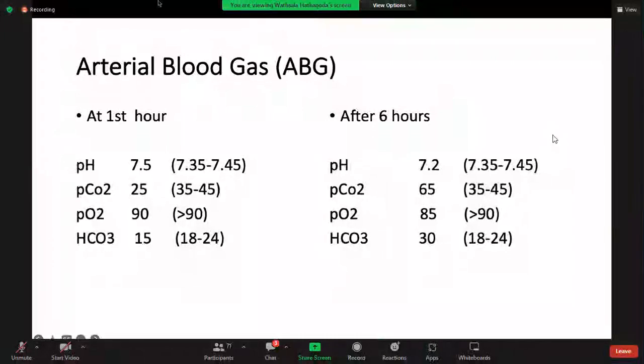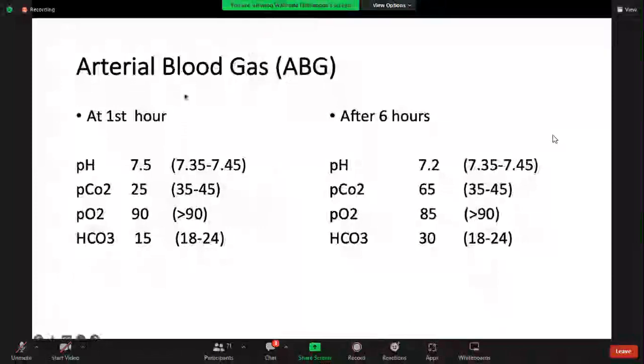Madam, in the first hour there is alkalosis. pH is 7.5, which can be explained by the decrease in PCO2. So it's a respiratory alkalosis, and bicarb is also 15, which is less. So there is partial compensation going on, mostly renal.